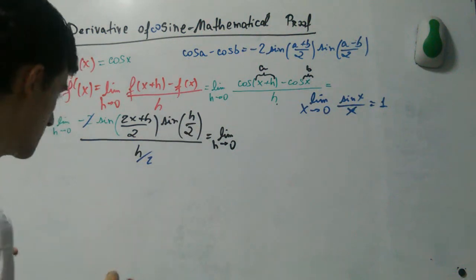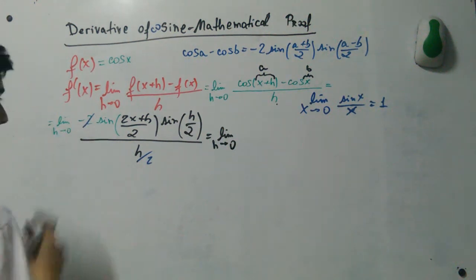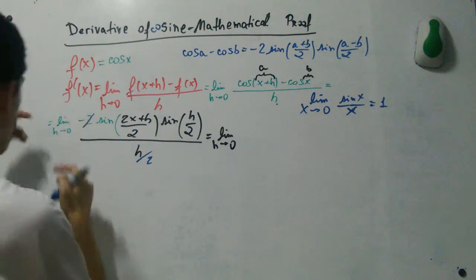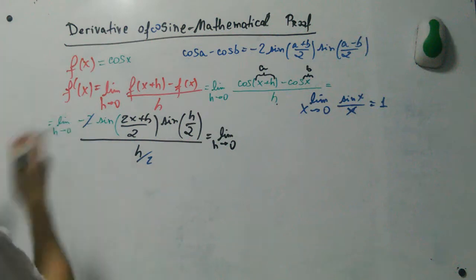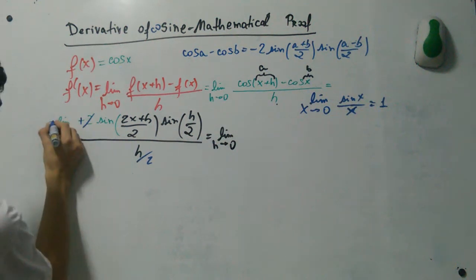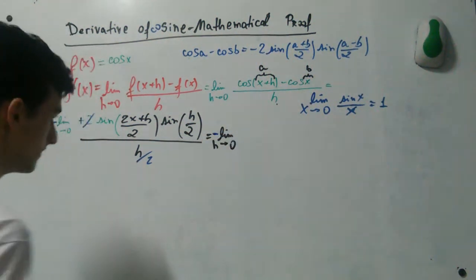We are getting closer. Another thing we can do: we have a negative sign here, which is just a negative 1 multiplying this whole expression. We can put this negative 1 before the limit, outside the limit. So here, negative.